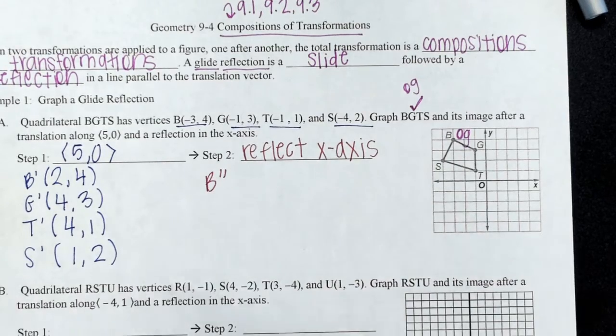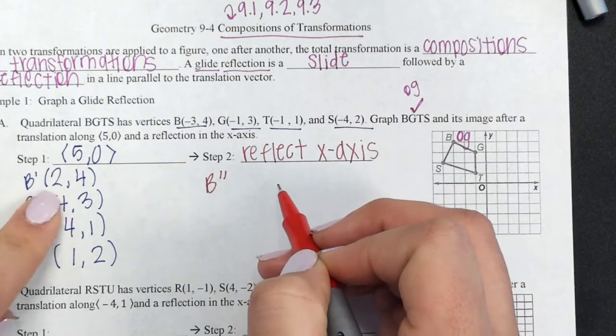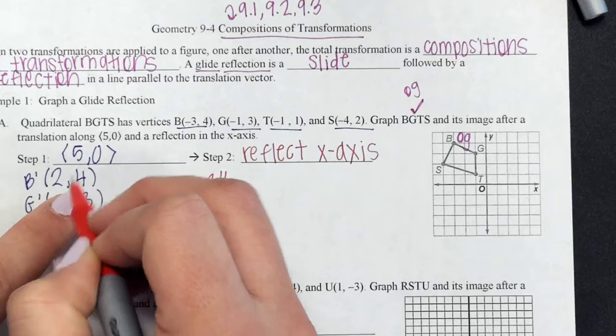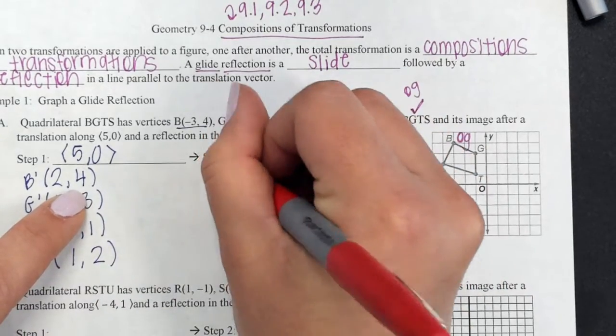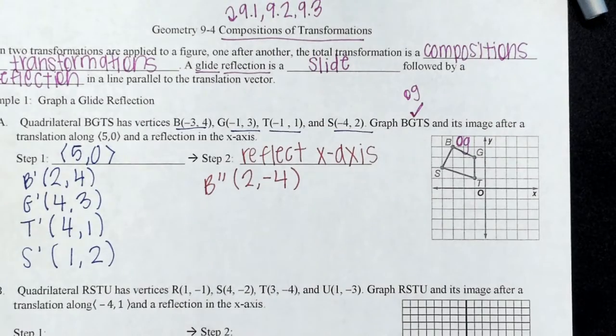If we're reflecting over the x-axis, just change the sign of the y. The y right now is 4, positive, so your new point is 4, negative 4. Y'all following me?